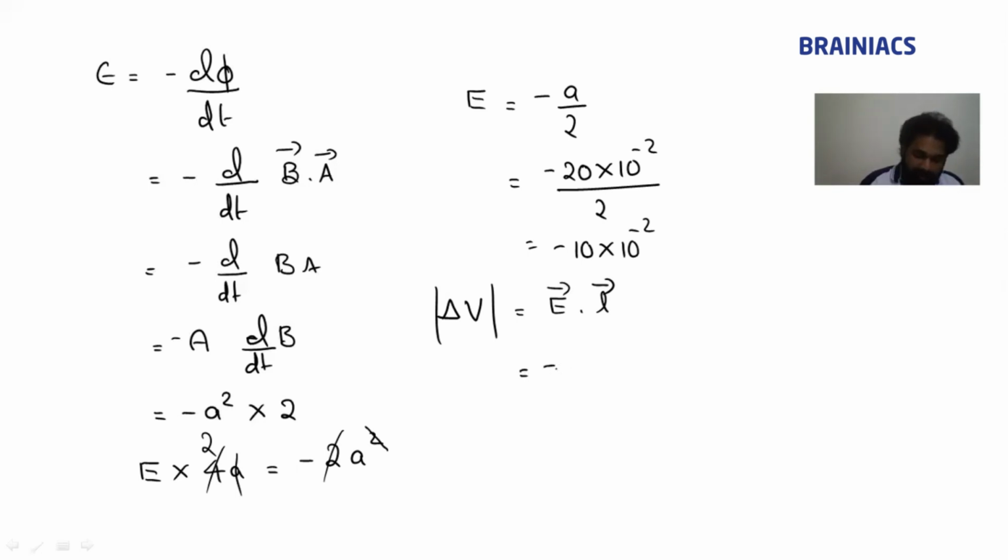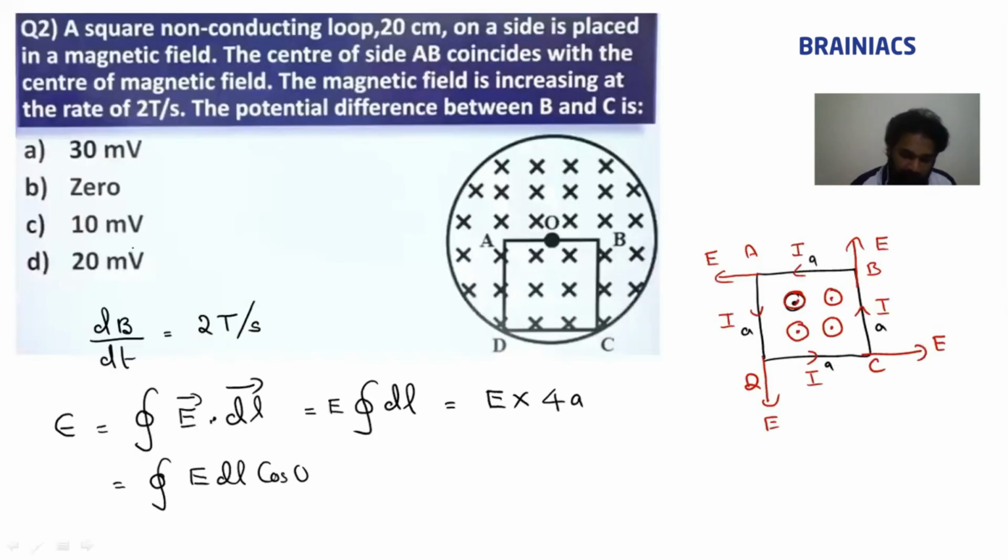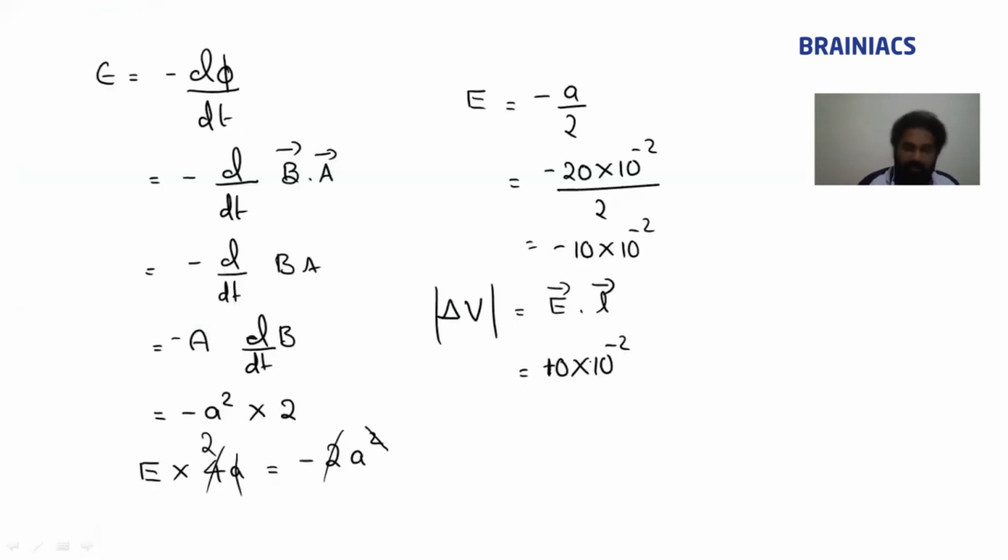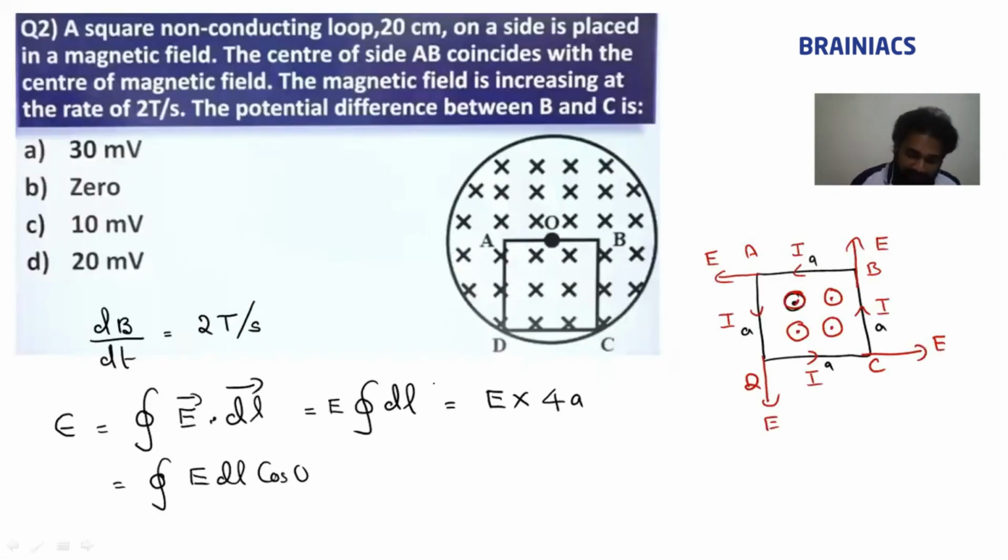We need only the modulus, since in the options we can take only values. So I am writing 10 into 10 raised to minus 2 into length, which is 20 into 10 raised to minus 2. So we will be getting 20 millivolt. Clear? So option D is the correct answer.